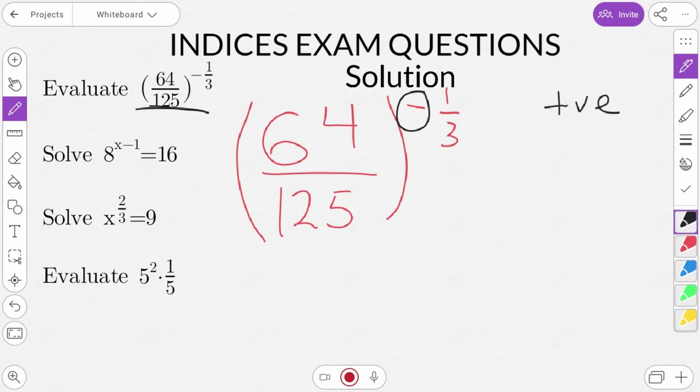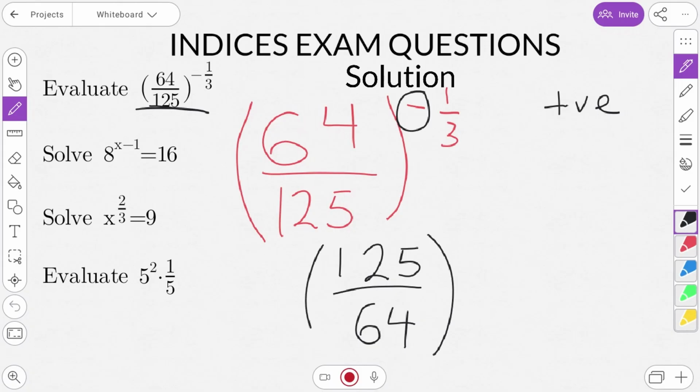We will change it to positive, and there is a way to do that. That's the reciprocation. I'll reciprocate it. Bring the 125 to the top, bring the 64 to the denominator so that the sign will change.